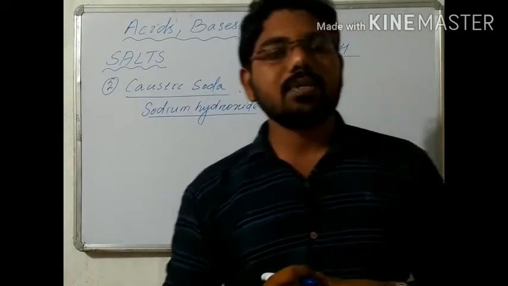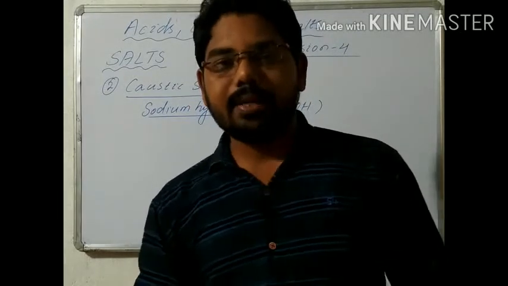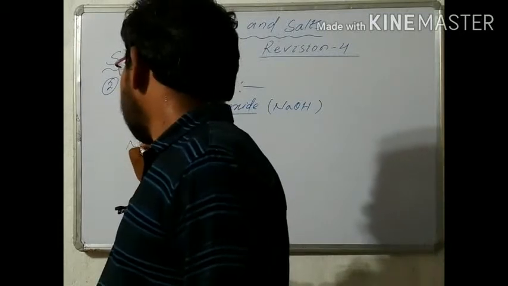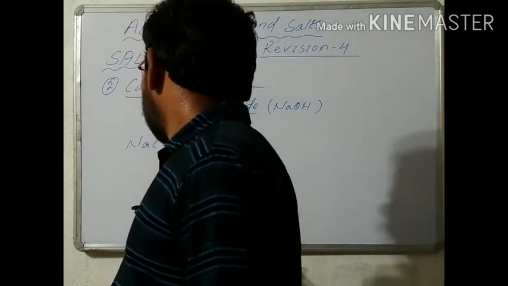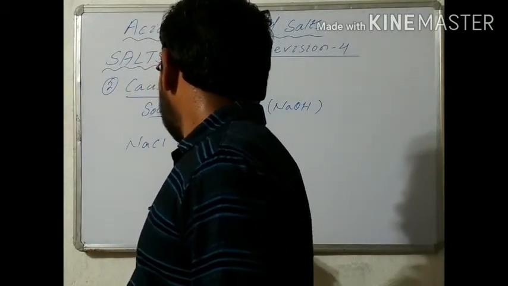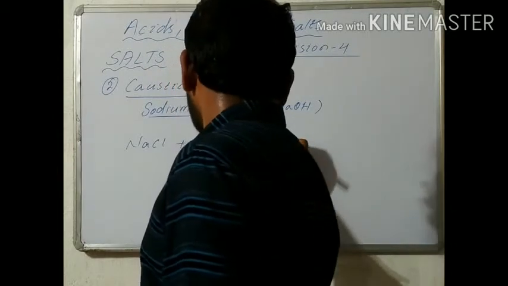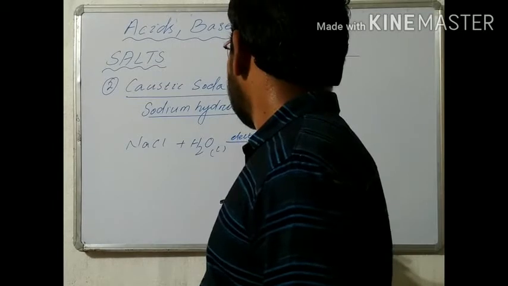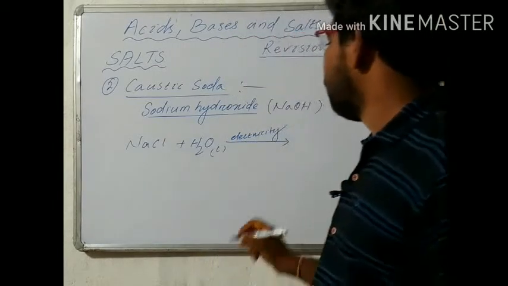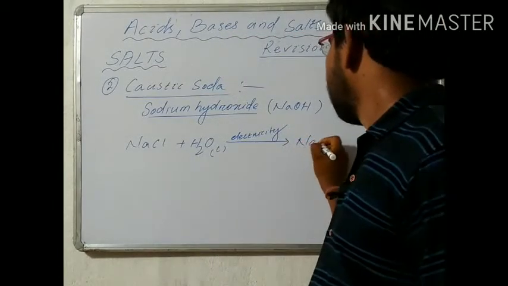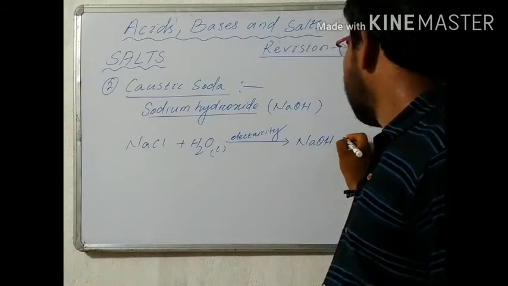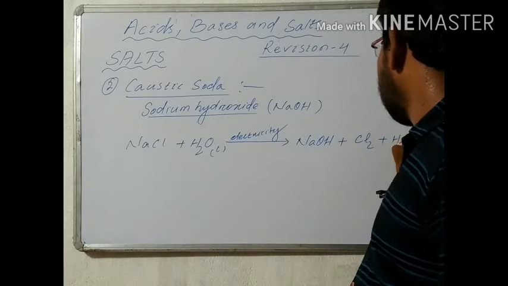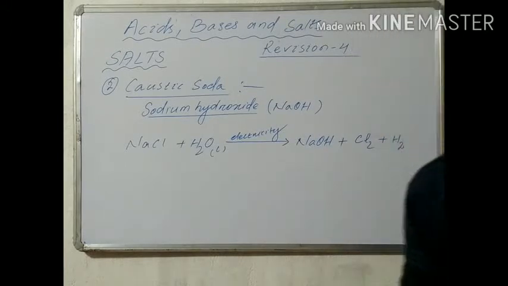This aqueous solution of NaCl is called brine. When we pass electricity through brine, water and NaCl form NaOH, sodium hydroxide, and chlorine gas and hydrogen gas are evolved.